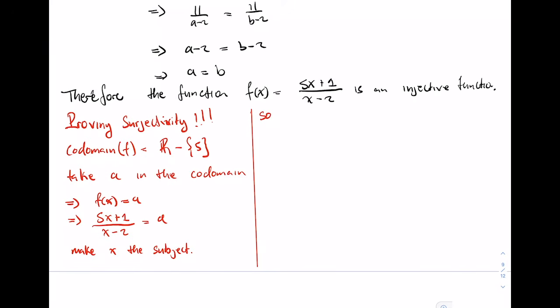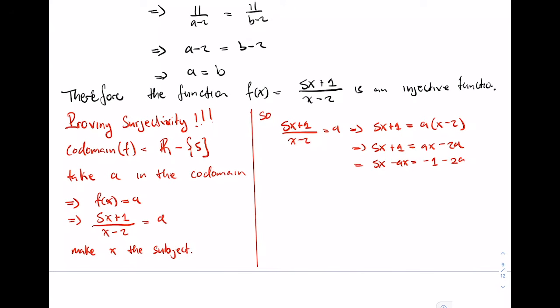So (5x plus 1) over (x minus 2) equals a implies that 5x plus 1 equals a times (x minus 2), which means that 5x plus 1 equals ax minus 2a, which means that 5x minus ax is equal to negative 1 minus 2a.